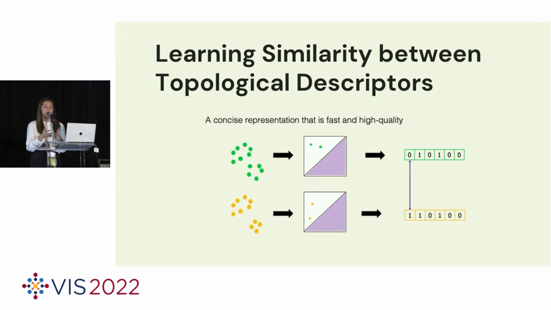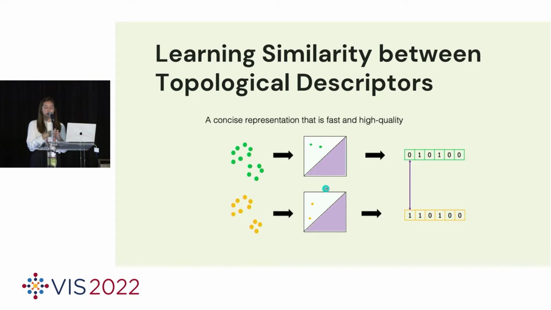Our work is about learning similarity between topological descriptors. Here I've given an example of one type of topological descriptor, which is persistence diagrams. That is a diagram that encodes the change activity with critical points, that is, when one will appear and when it will be merged with other critical points.